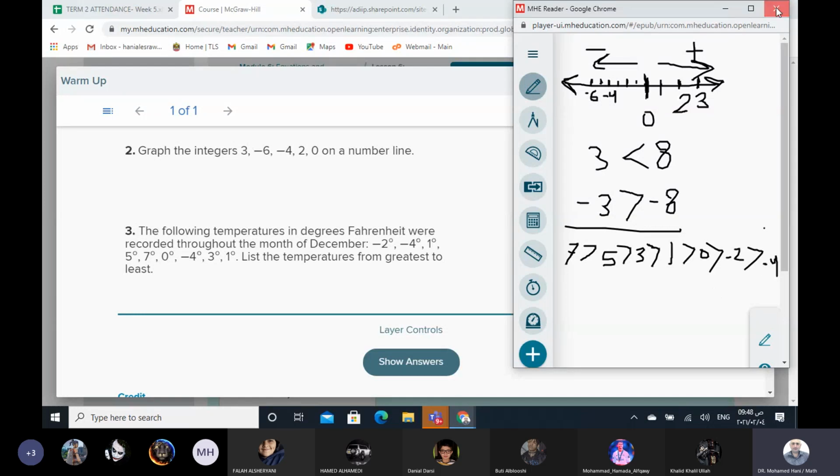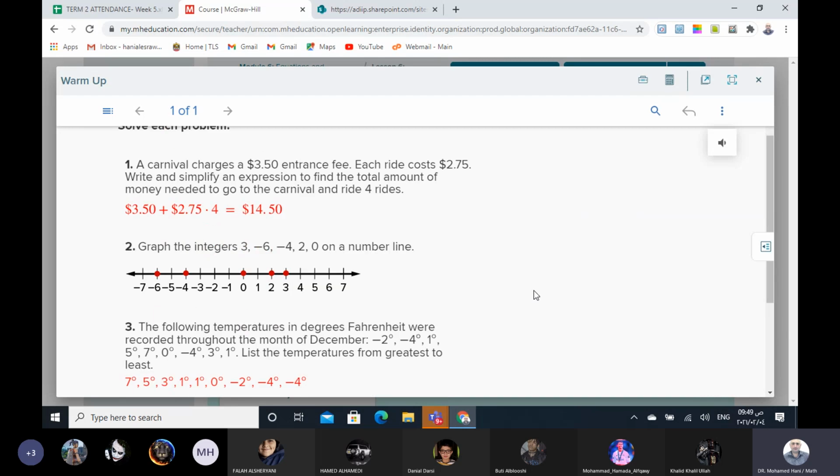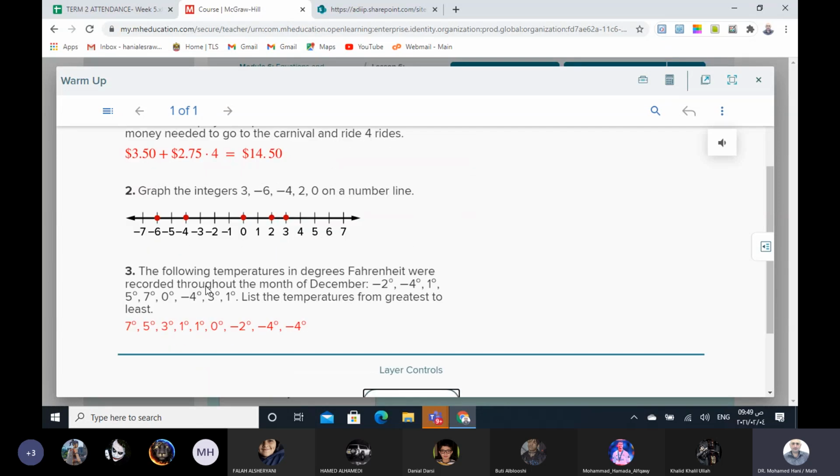Check with me now the answers. The expression here: we have 3.50 plus 2.75 times 4 equals 14.50. The next question, this is the number line. This is 0 here, and 2 and 3 on the positive side.